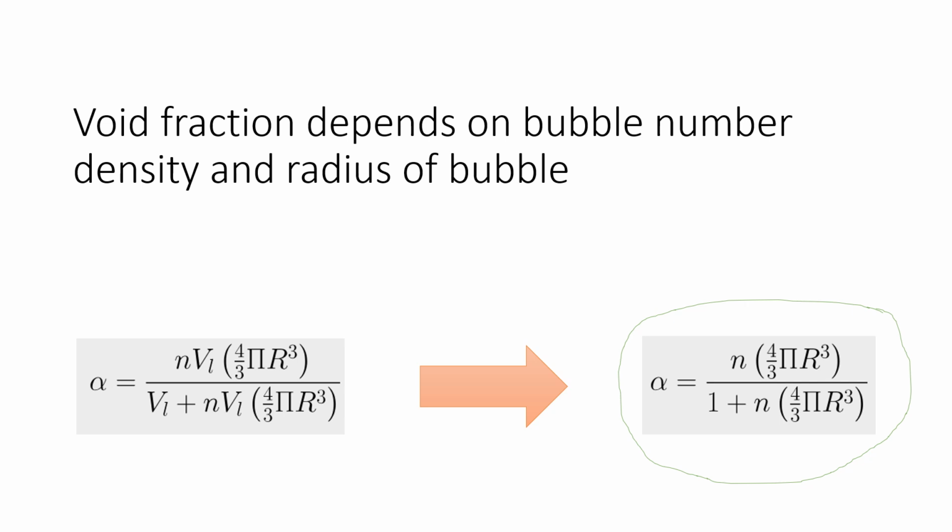So alpha is equal to small n 4 upon 3 pi r cube, where r is the radius of the bubble, divided by 1 plus small n 4 upon 3 pi r cube. This is a very important equation which comes up while you are studying cavitation models.